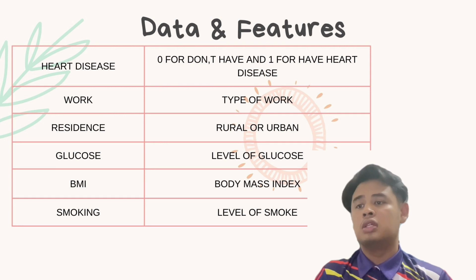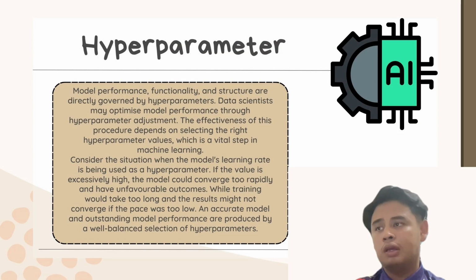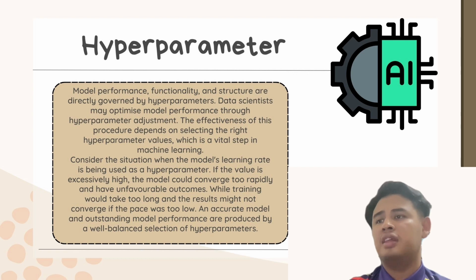Hyperparameters. Model performance, functionality and structure are directly governed by hyperparameters. Data scientists may optimize model performance through hyperparameter adjustment. The effectiveness of this procedure depends on selecting the right hyperparameter values, which is a vital step in machine learning.